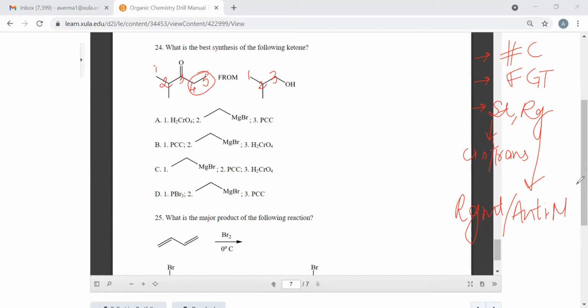Okay. So I first of all want to add this ethyl group, the 4 and 5, onto this particular molecule, right? So let's try, and I'm going to do it on my page.